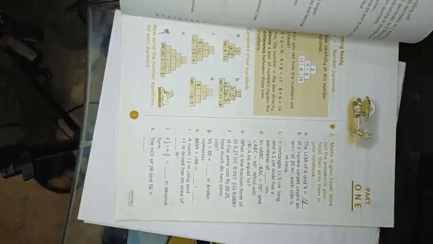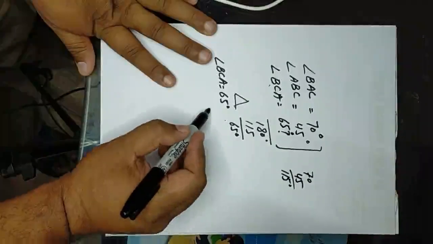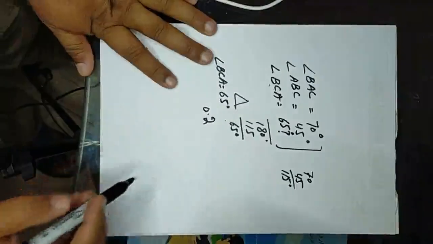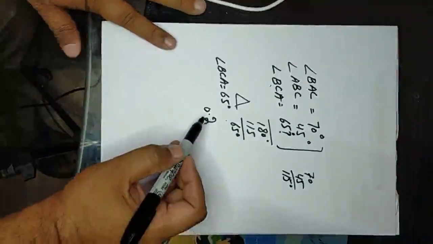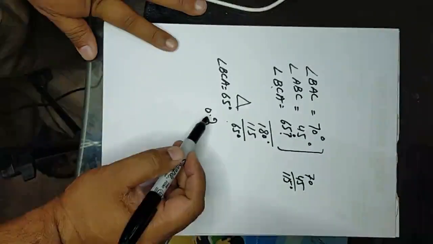The next question is, what is the fraction form of 0.2, 0.05 and 0.008? We need to understand that whenever we have a fraction of a decimal number, we simply do one thing. For example, the question is 0.2, इसको हमने क्या करना है? इसको fraction बनानी है. Just count the digits after the point.